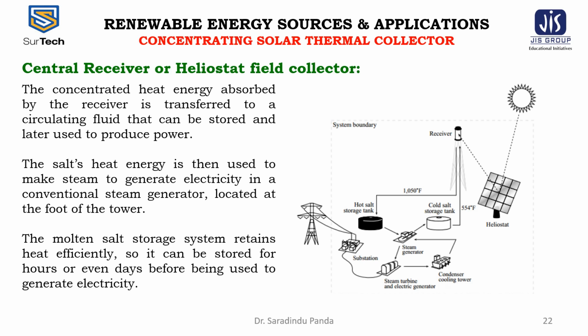The salt's heat energy is then used to make steam to generate electricity in a conventional steam generator located at the foot of the tower, which is shown in the figure. The molten salt storage system retains the heat efficiently, so it can be stored for hours or even days before being used to generate electricity.